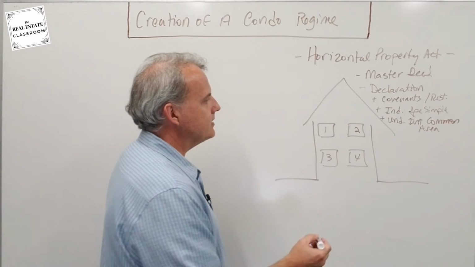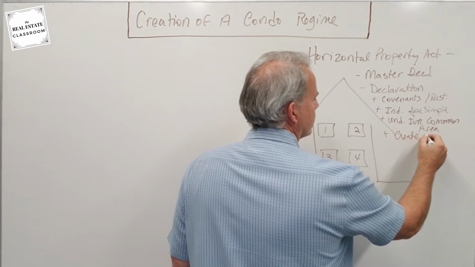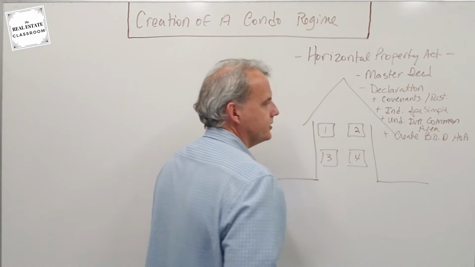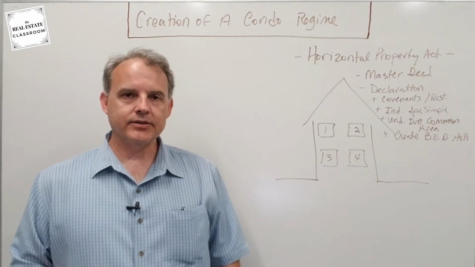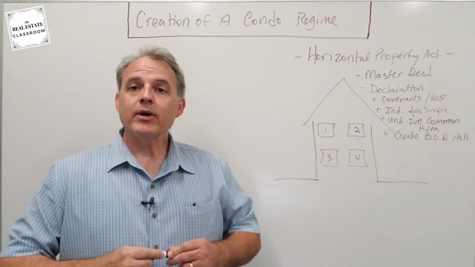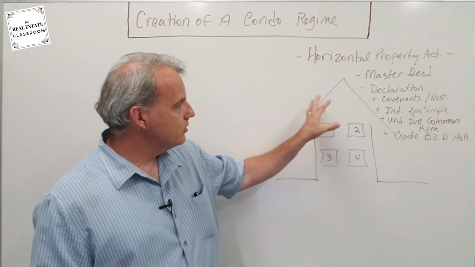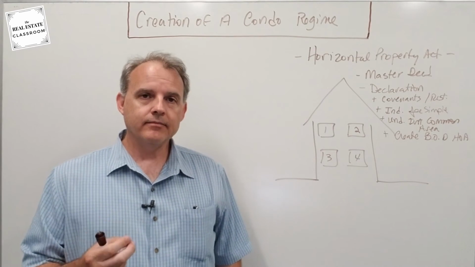It also creates a board of directors for the homeowners association. That's the other thing the declaration document does. That way there's a governing body that's going to enforce the rules and do the administration function of the condominium regime.